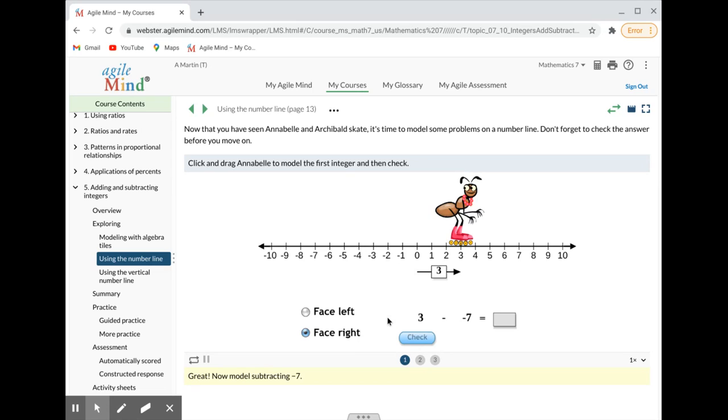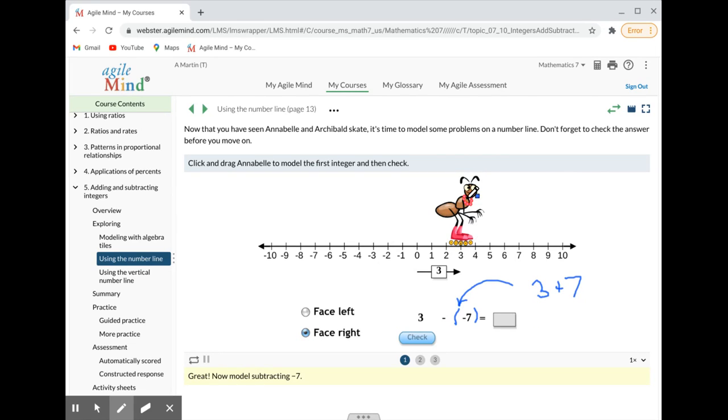So when we see minus negative 7, isn't this supposed to be a key for us? What's that supposed to tell us? How are we supposed to rewrite that? Yeah, adding its opposite. Correct. So that's really going to be 3 plus 7, right?